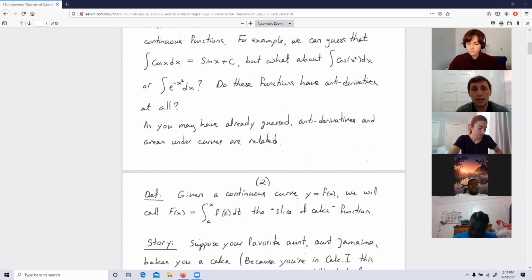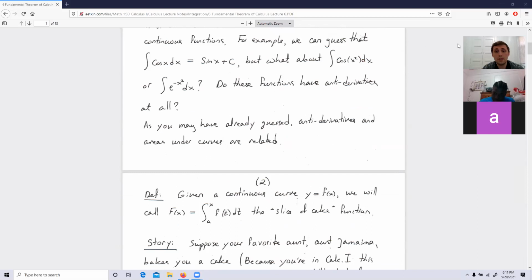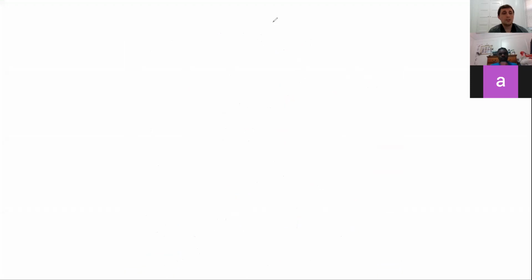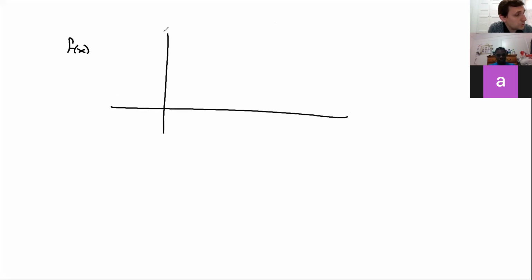Now, to attack this theorem, guys, we introduce what I call a cake function, a slice of cake function. So the idea here is as follows. Suppose, guys, that I begin with this crust function f of x. This is the crust function, and its picture, if I change the variable to t, is like this.